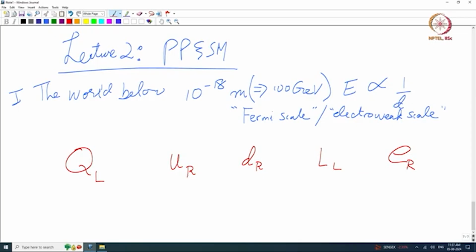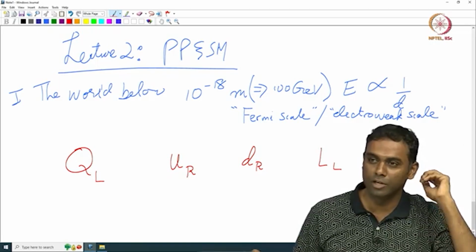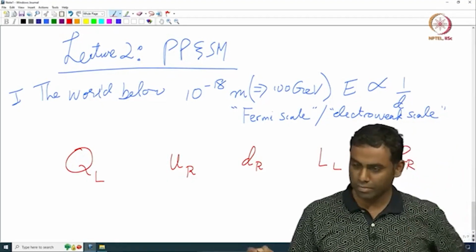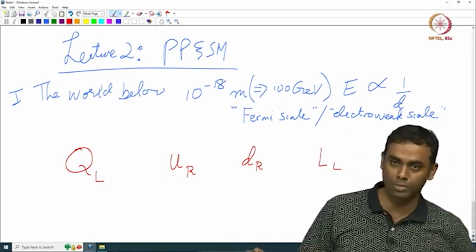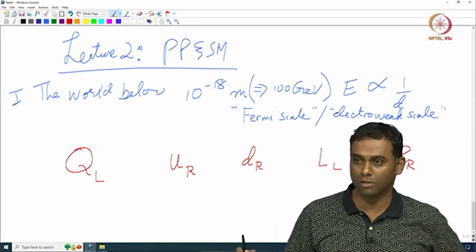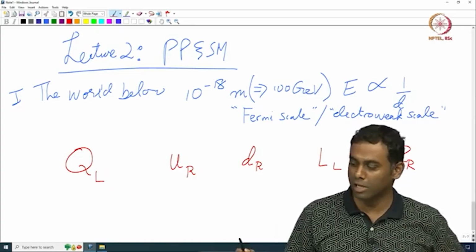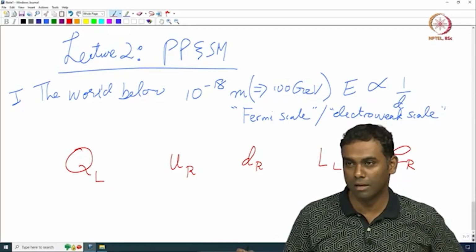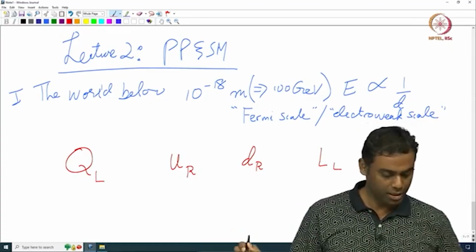The word quarks is applied to a few different objects in field theory. Here people just generally call them quarks, okay, but I would just call them QL, UR and DR, okay. That is probably the most precise way to just call them. Why? We will see. And the last 2 are generically called leptons, but again these are not quite the leptons, okay. I would just call them the LL and ER fields, okay.